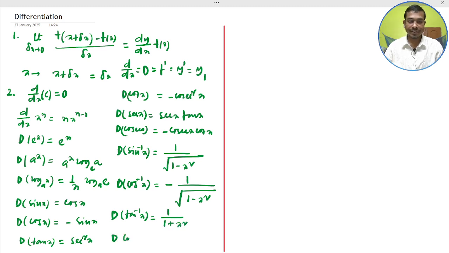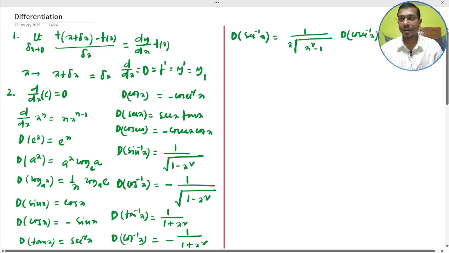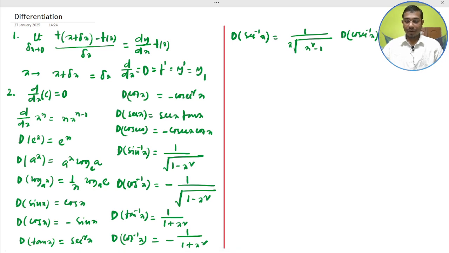D of cot inverse x should be minus 1 by 1 plus x square. D of sec inverse x is 1 by x root over x square minus 1. D of cosec inverse x means minus 1 by x root over x square minus 1. This is our important formula.